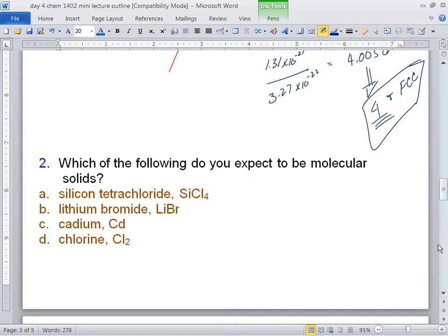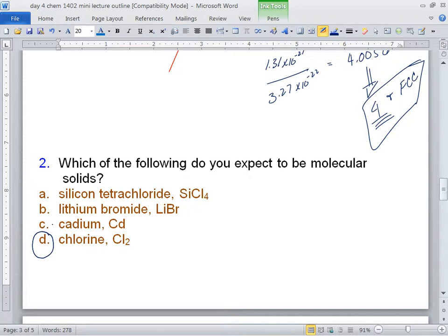Mia, which ones would be the molecules? Which ones would be the molecular solids? She says Cl2. Does everybody agree? LiBr, everybody agree? No, because Br is good, but you got the Li, so don't do this one.